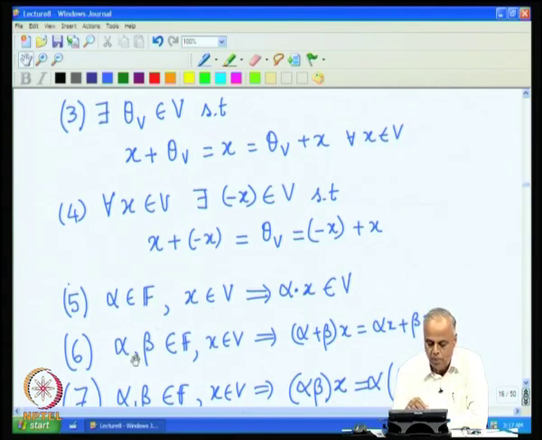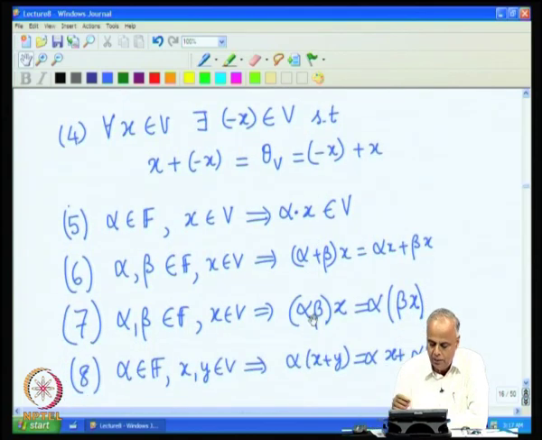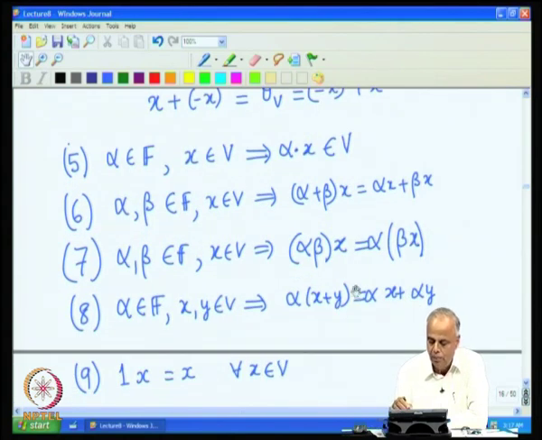This plays the role of scalar multiplication with respect to addition of scalars, and multiplication of scalars and scalar multiplications are expounded here, and addition of V elements and scalar multiplication, how they combine. This is again the role where we saw the two basic operations of scalar multiplication and addition, how they interact with each other. Then we have this 1 times x equal to x.